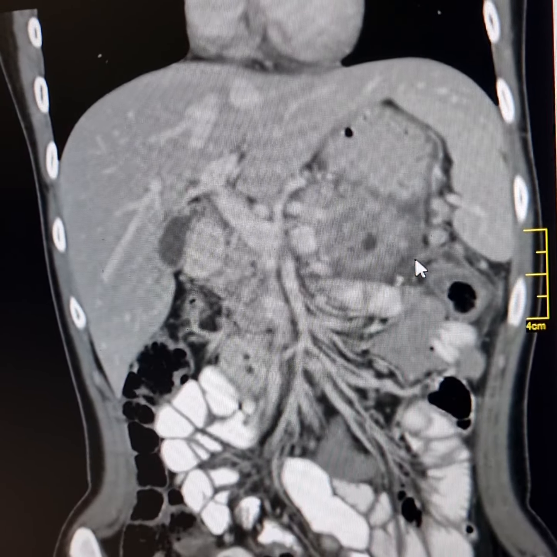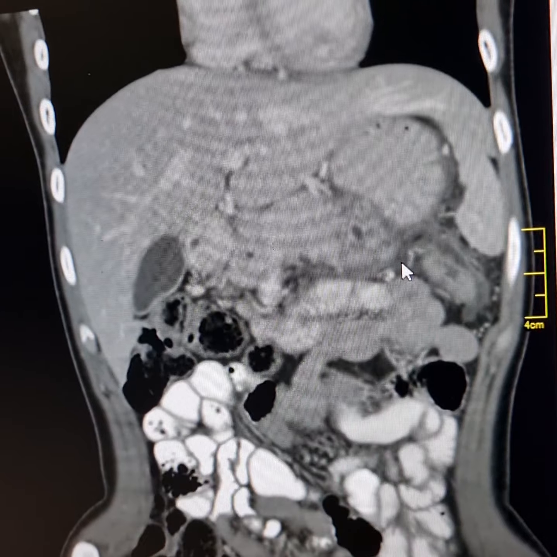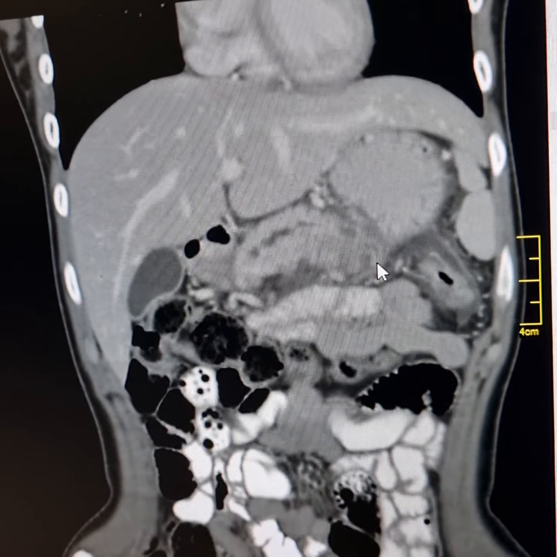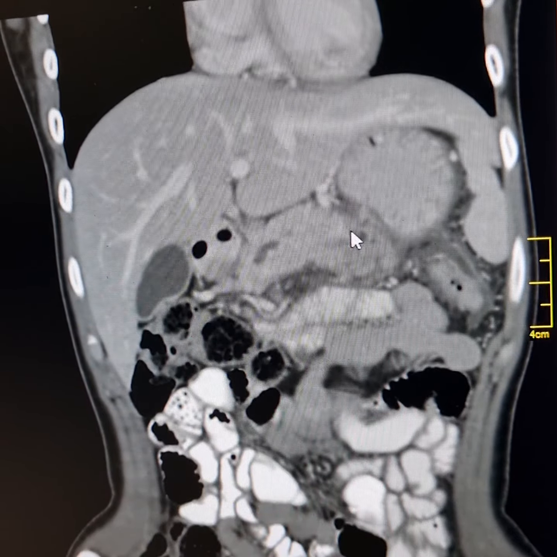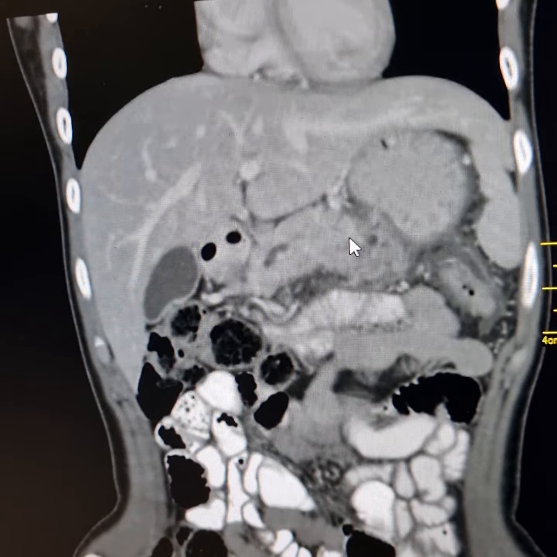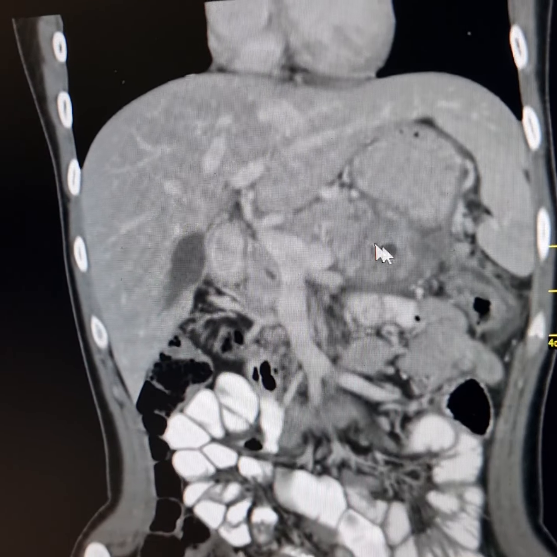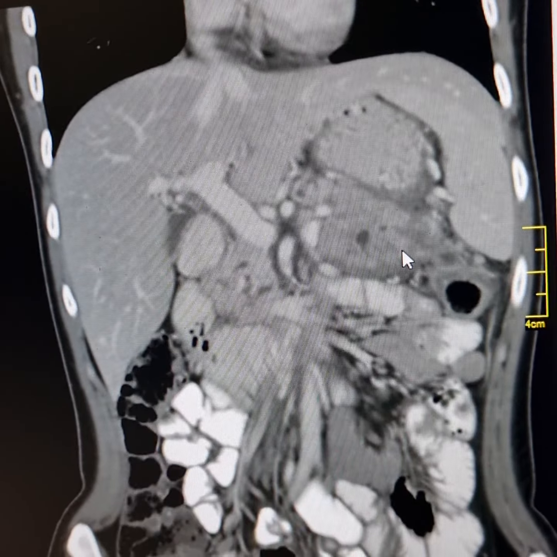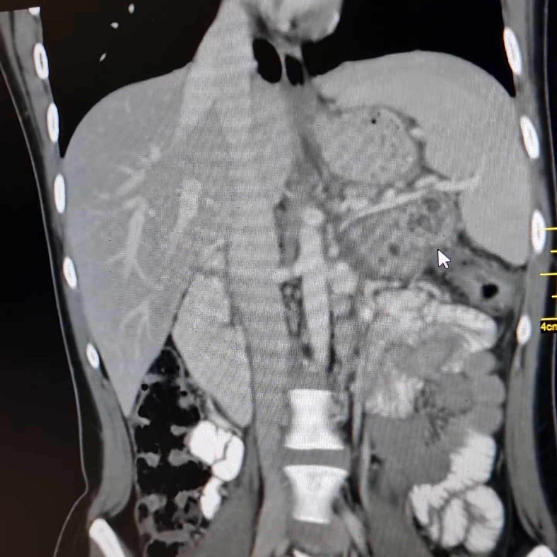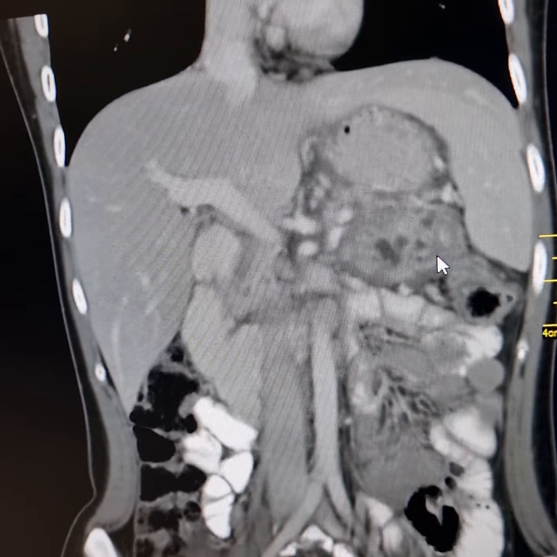In such cases, we should look carefully for any intraductal calculus, but unfortunately we couldn't find any intraductal mass lesion which was obstructing the pancreatic duct, resulting in dilatation of the pancreatic duct in the region of the tail of the pancreas, resulting in focal pancreatitis.